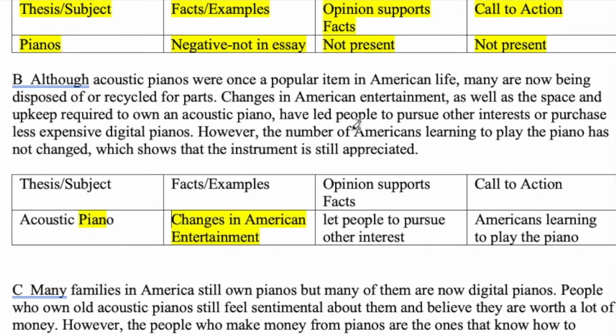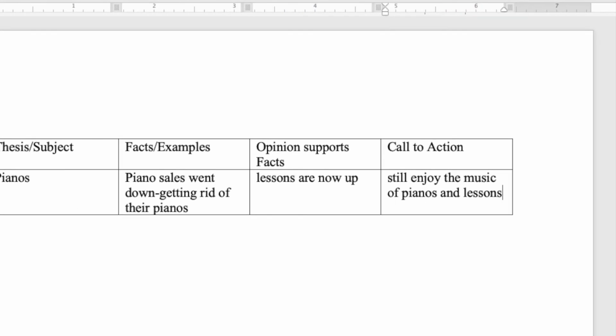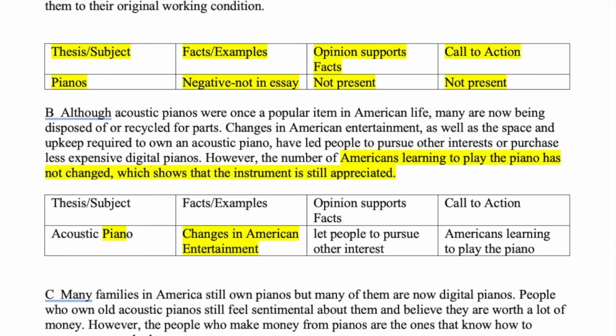And then lots of people pursue other interests or buy digital pianos. And then it has a call to action: learning to play the piano has not changed. So this is so far the best. Again, we don't say that this is the answer, we say maybe. So we know A is not, but B is maybe. When you compare it to your own table, it pretty much works out. So B is the best option so far.